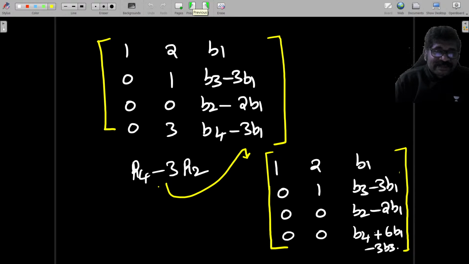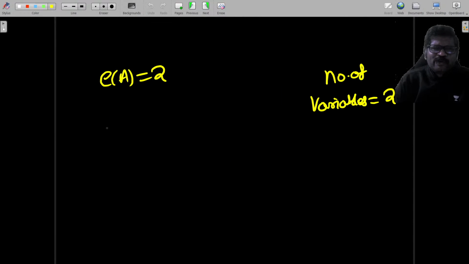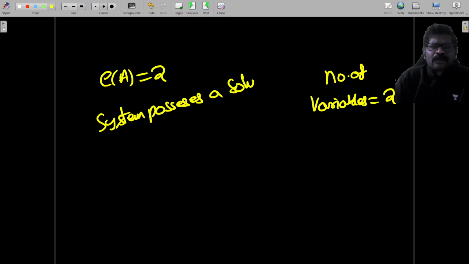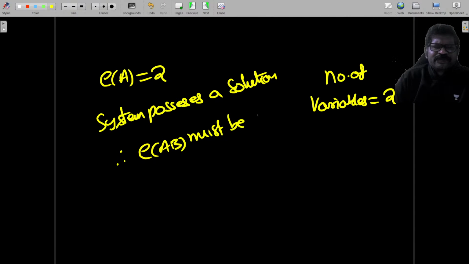The system has a solution means compulsorily the rank of AB must be 2. The system possesses a solution only when the rank of AB is 2. Therefore, the rank of AB must be 2.